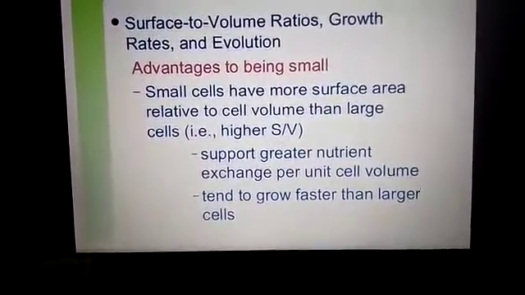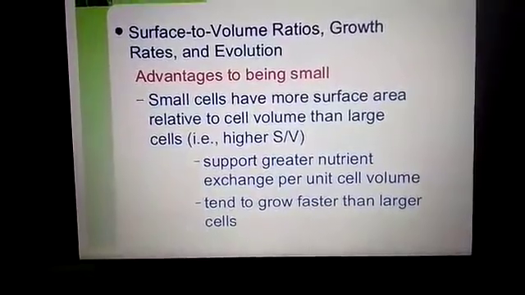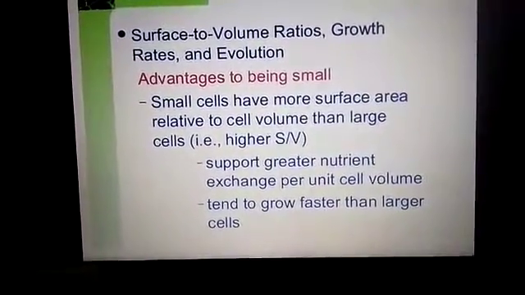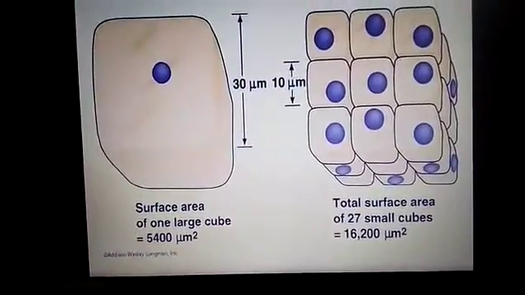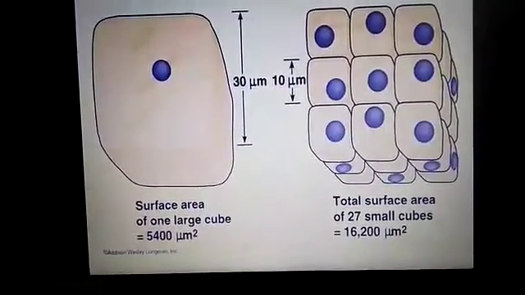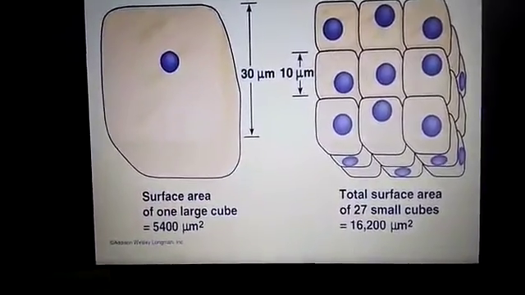To understand the second advantage, the surface area to volume ratio, take a cube measuring 2 nanometers. The total surface area of the cube will be 2 into 2 into 6, that is 24 square meters.